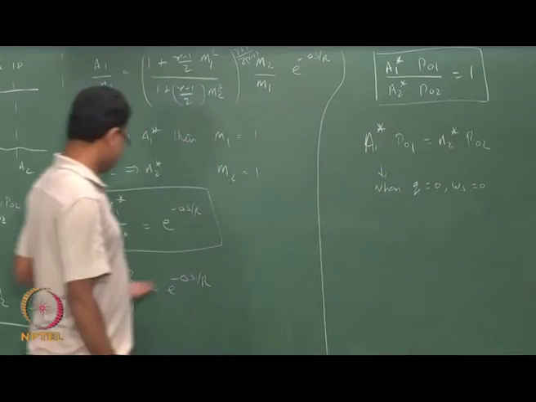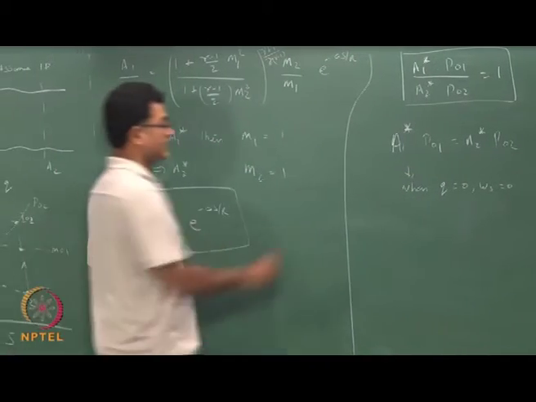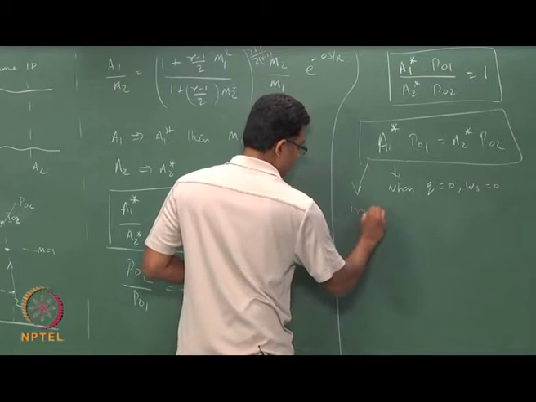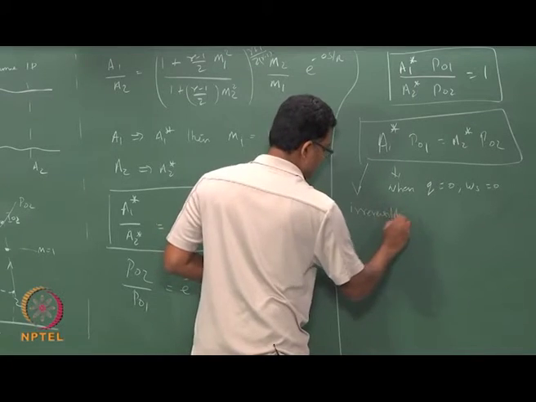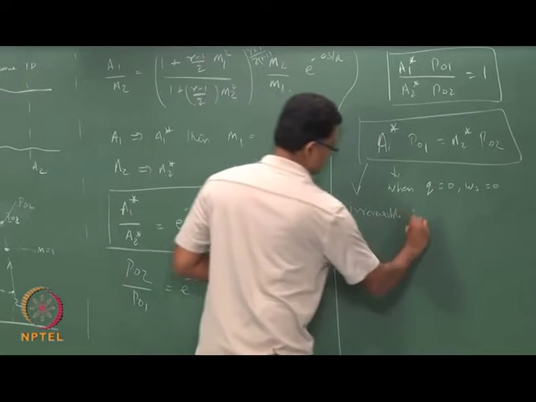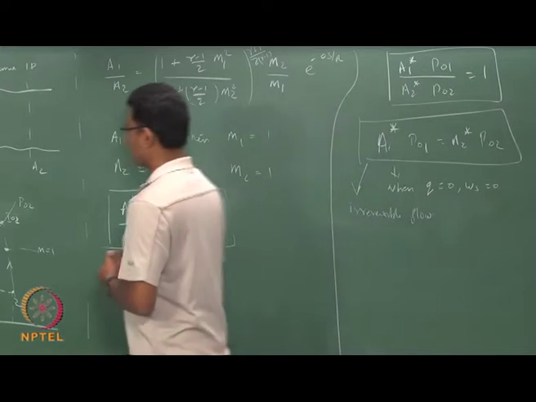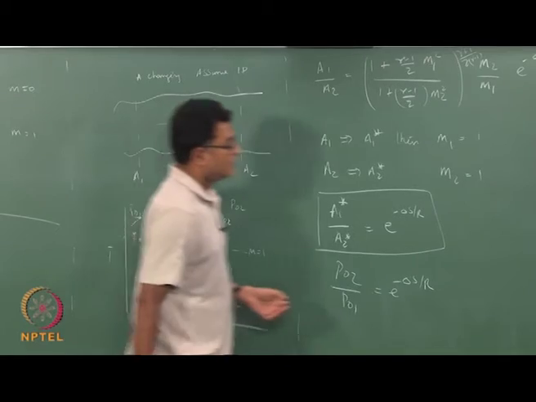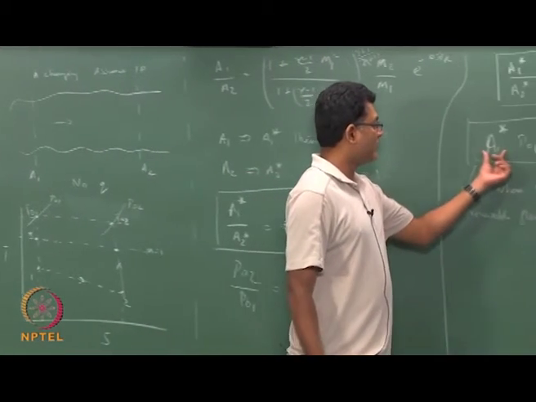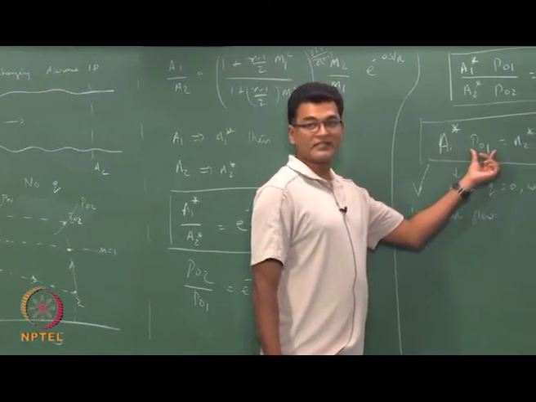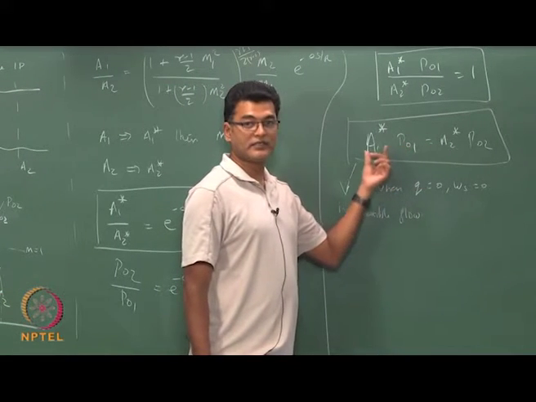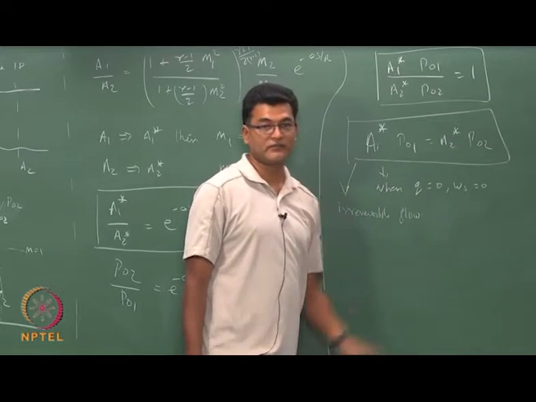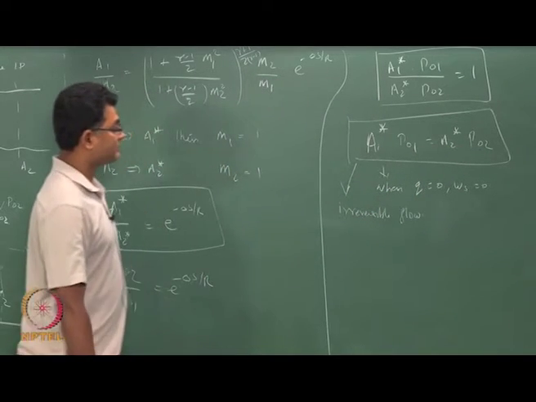So, there is irreversibility associated with this even when we write this relation. So, this is also applicable to irreversible flow. So, my A star value at location 1 and the stagnation pressure at location 1 is related, the area and the stagnation pressure is related to another point in this particular fashion.